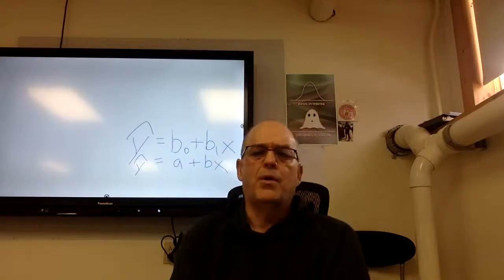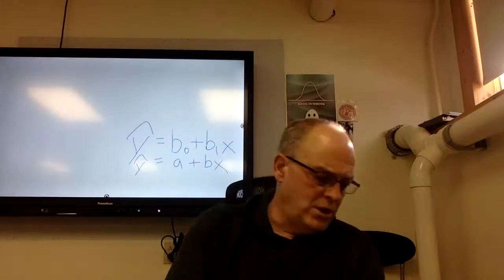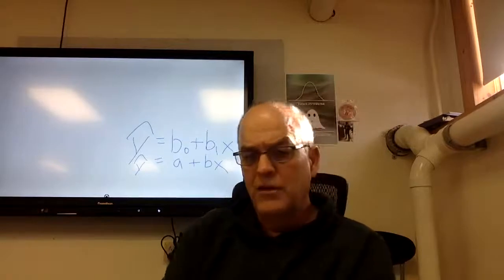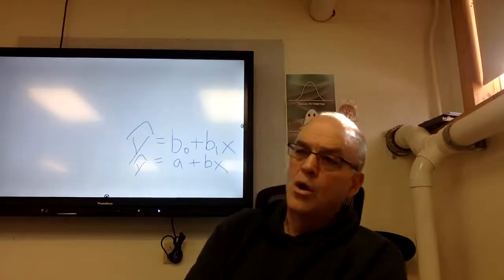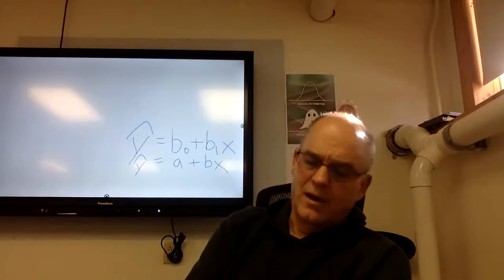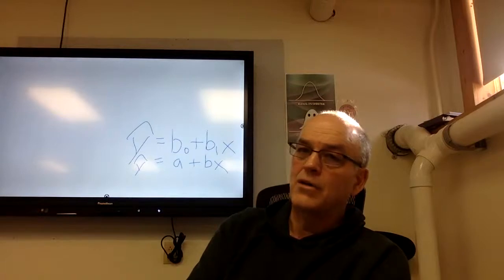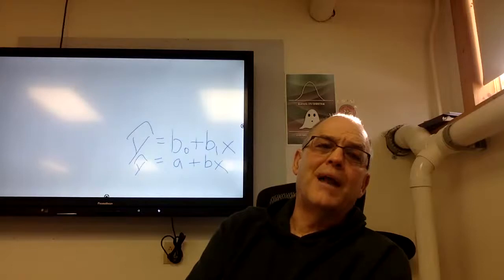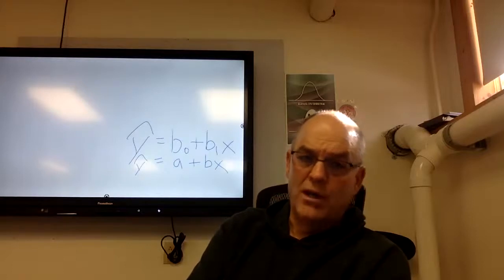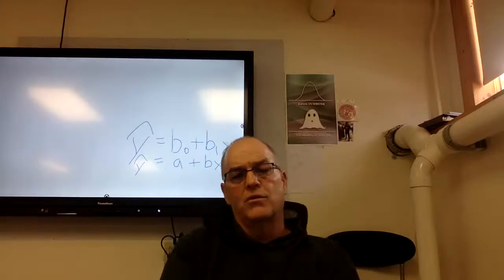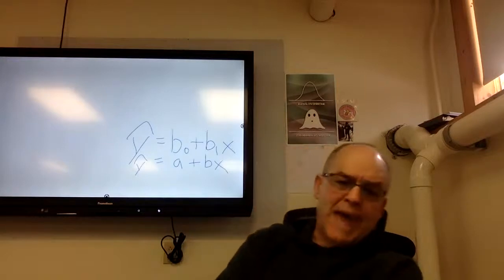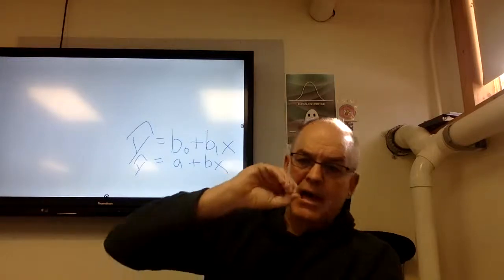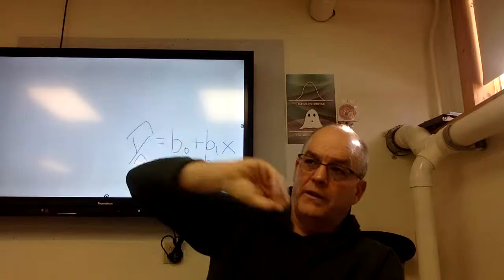Now listen up on this one, because I don't think we use this term at all, and they use it in the question. Hopefully, you could figure it out anyway by context clues. If they're talking about a high leverage point for the regression equation, that would be something that is really close to the line.